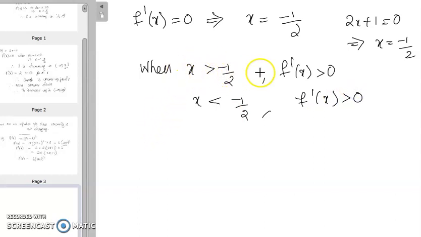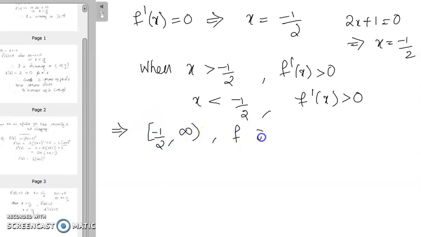So in the interval minus 1 by 2 to infinity, the function will be increasing. From the closed interval minus 1 by 2 to infinity, f is increasing, and from minus infinity to closed interval minus 1 by 2, f is increasing.